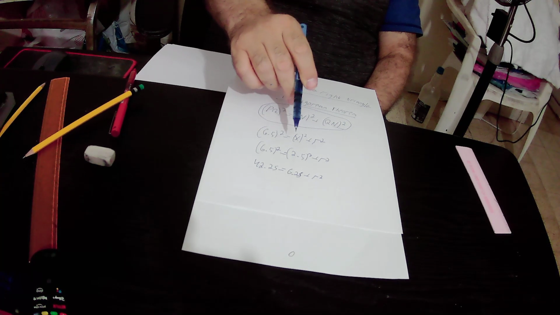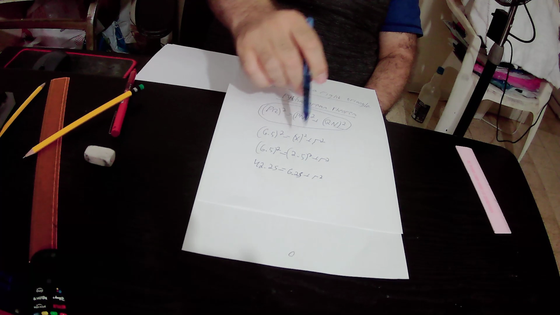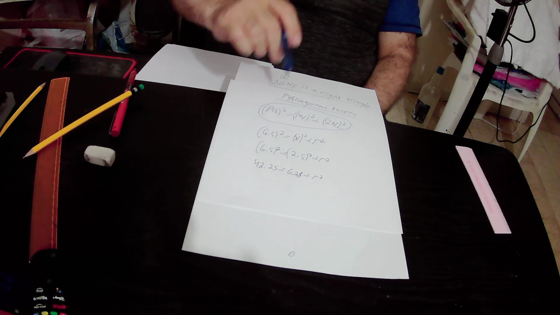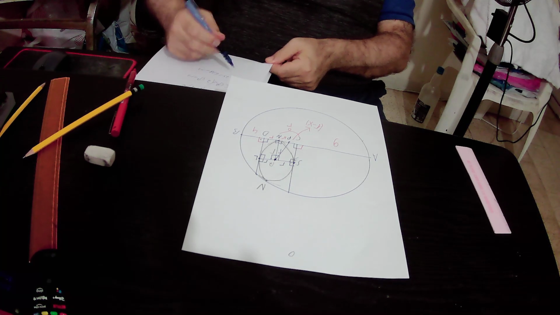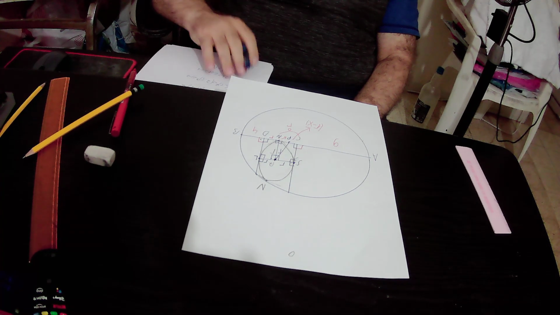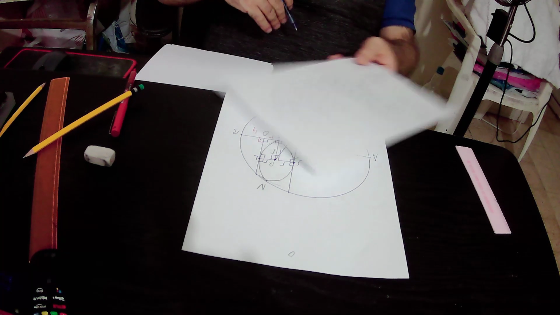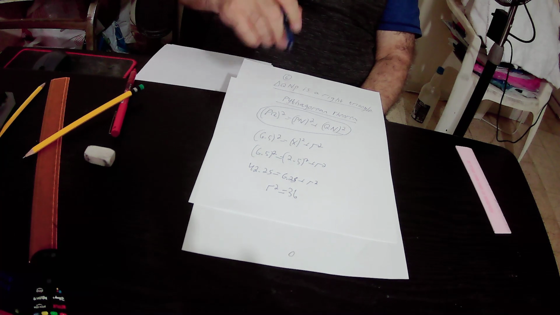Here we will subtract 6.25 from this equality, and we will get that r square equals 36. We subtracted 6.25 from this equality.